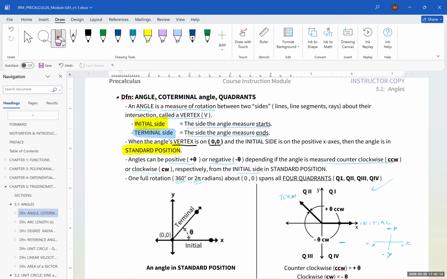So what this means is that if we started on the initial side and went all the way around and ended up where we started, that's one rotation, and that's equal to 360 degrees, or 2 pi radians.